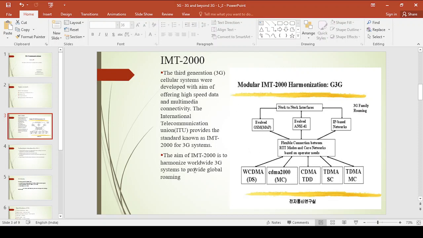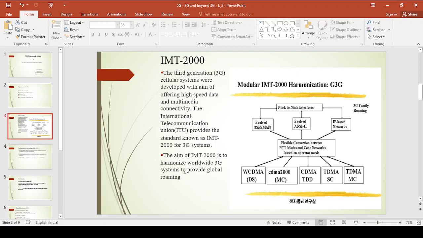Now the main aim of this particular 3G is to provide high data rate, and another one is multimedia connectivity. Now the aim of IMT 2000, nothing but the third generation system, is to harmonize the worldwide 3G system, nothing but to match or coordinate the worldwide third generation system in order to provide global roaming, right?